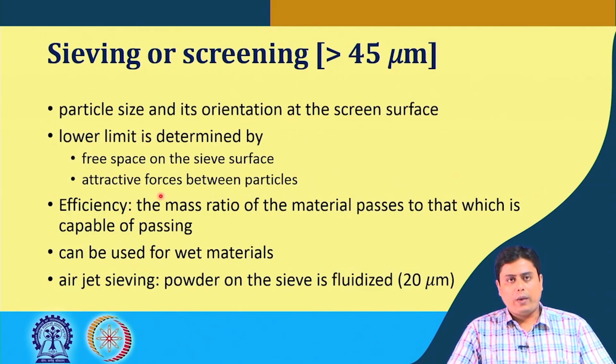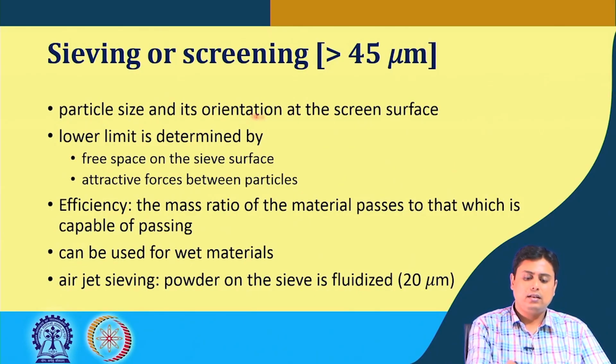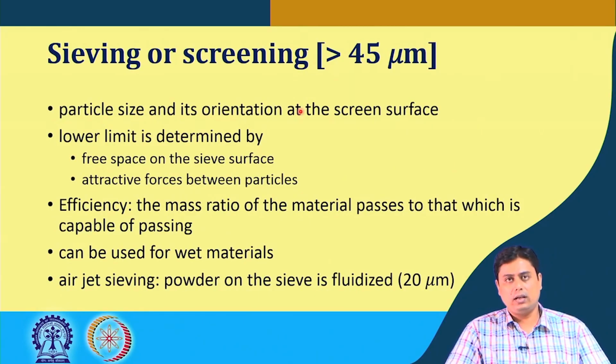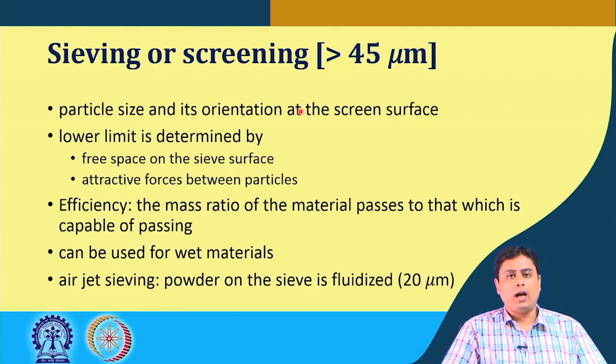Quite naturally, you can understand that particle size and its orientation on the screen surface become a dominant factor for an efficient screening mechanism, because not every particle is spherical; in practice they are of irregular shape.